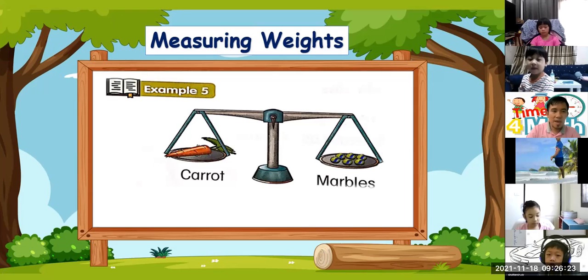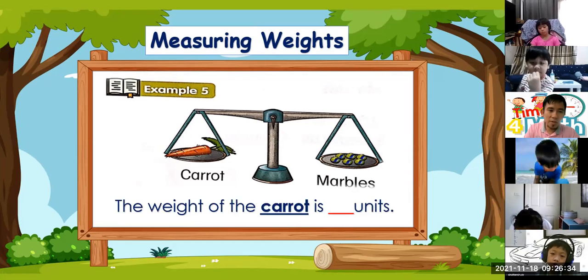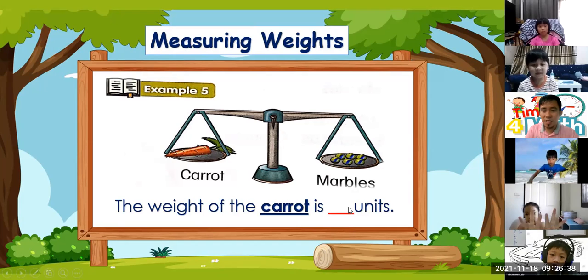Here, the carrot. What is the weight of the carrot? 6 units, because there are 6 marbles. The weight of the carrot is 6 units.